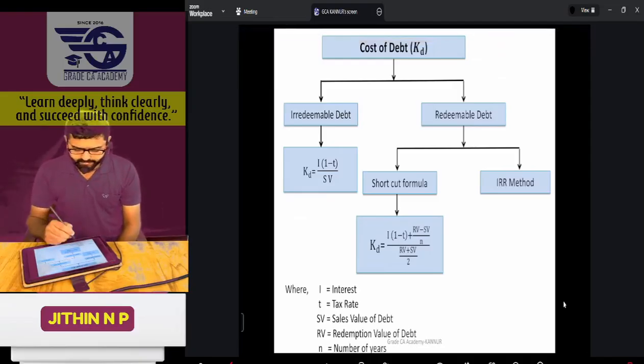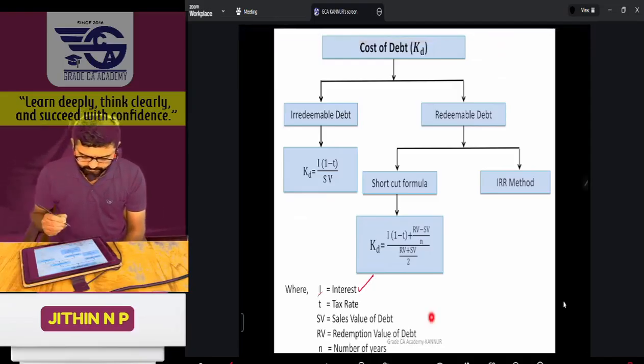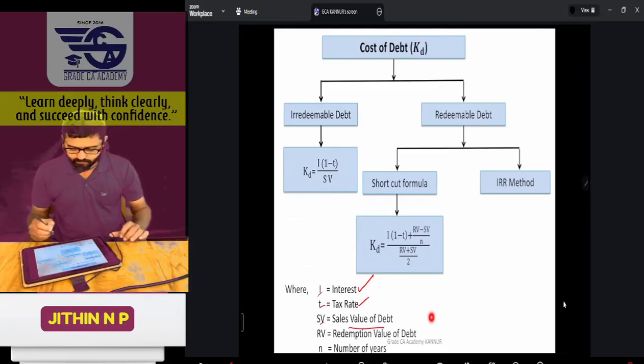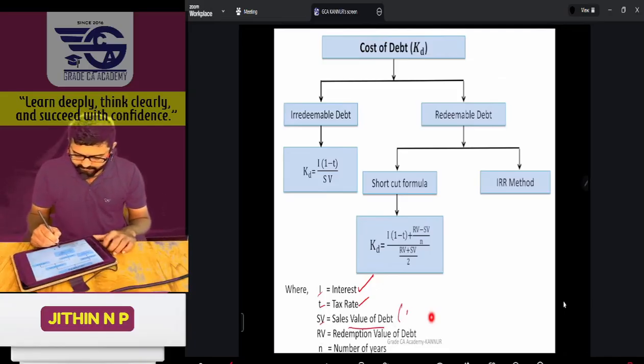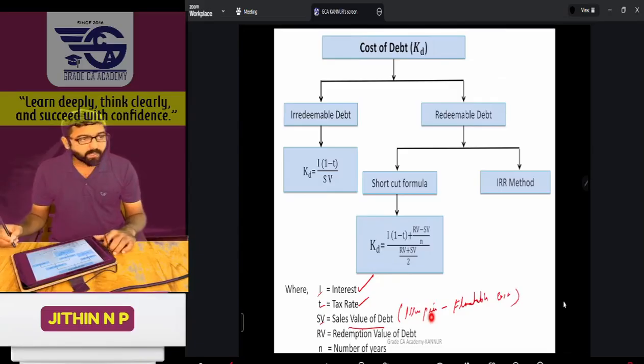I is equal to interest. T is equal to tax rate. SV is equal to sales value of debt. What is sales value of debt? Issue price minus flotation cost or cost of issue. RV is the redemption value of debt.